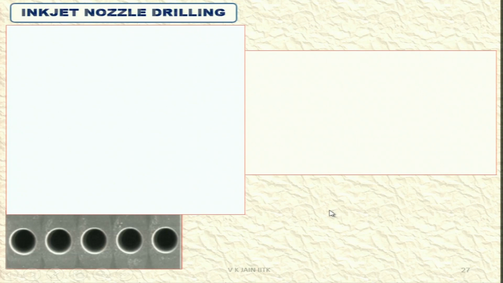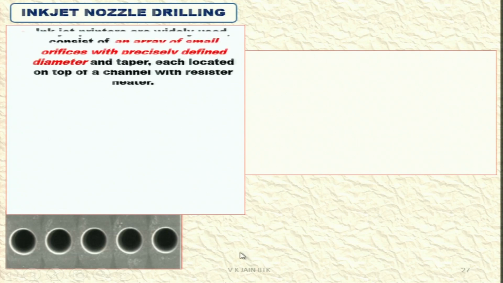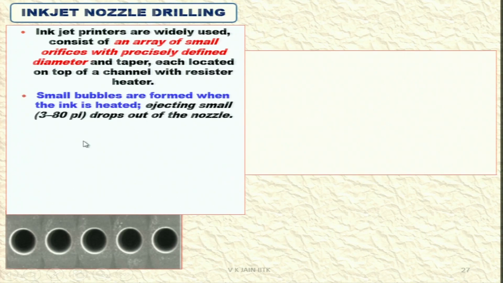Inkjet nozzle drilling. You can see these are the ones. Inkjet printers are widely used, consisting of an array of small orifices with precisely defined diameter and taper, each located on top of a channel with resistor heater. These are the inkjet holes.